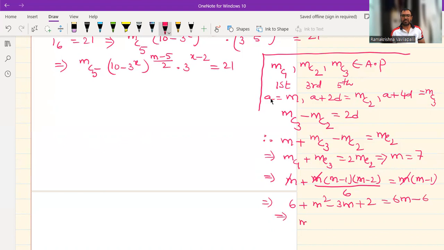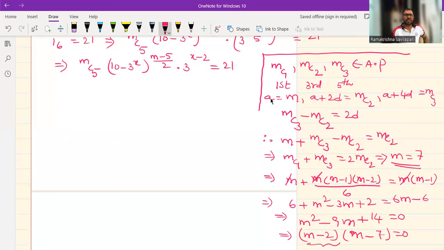This gives us m square minus 9m plus 14, so this is 2 into 7. So we can write (m minus 2)(m minus 7). m equal to 2 is rejected because those terms will not exist. If m is 2, the expansion will have only 3 terms: 0, 1, 2. So m equal to 7 is the possible case.